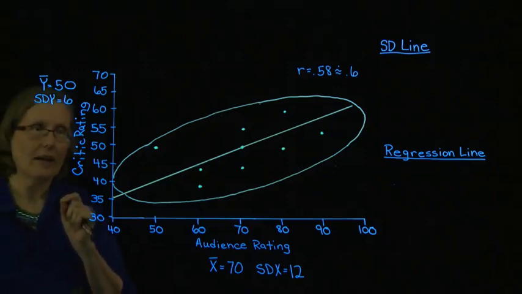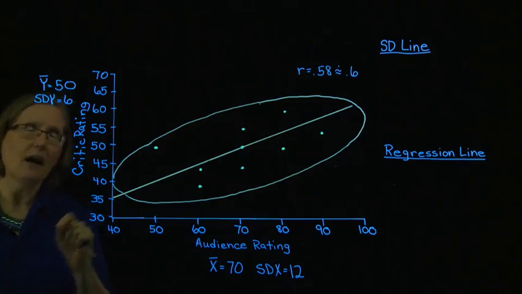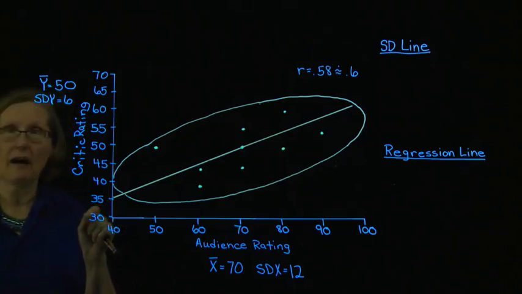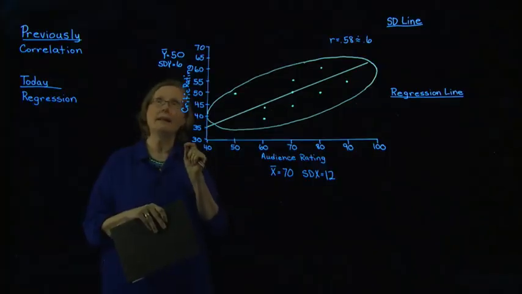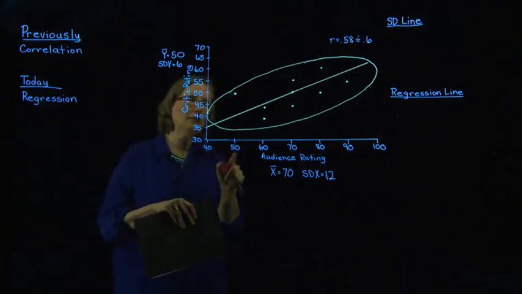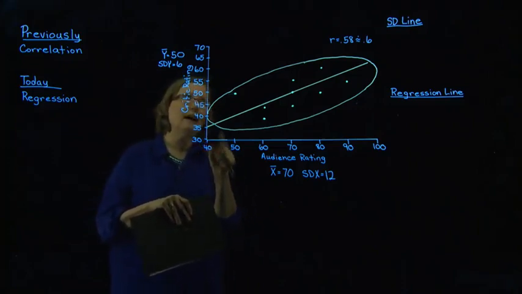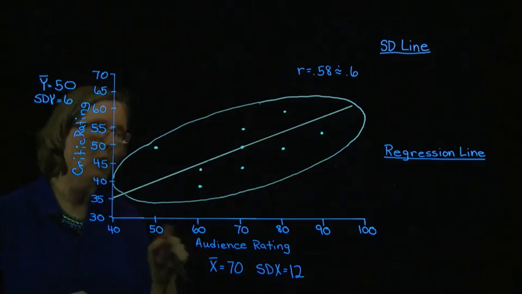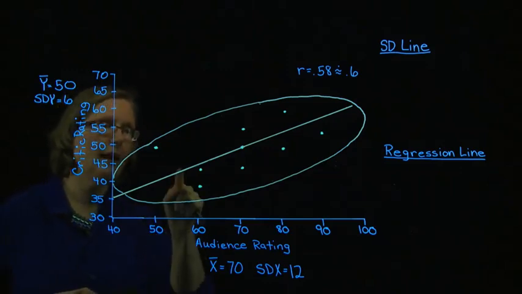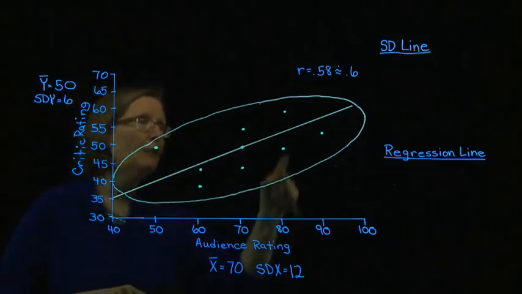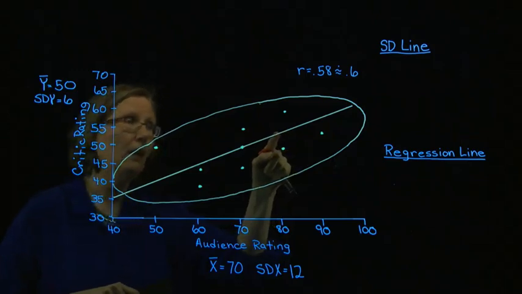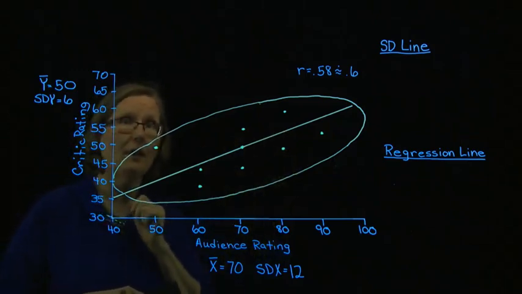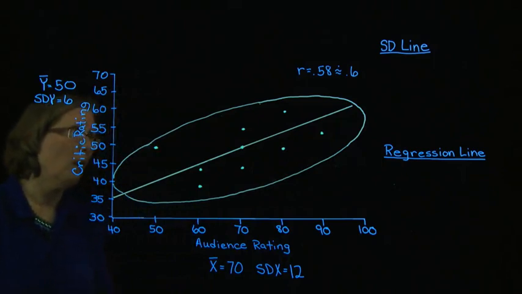Recall that the correlation coefficient was a measure of fit to a line. That particular line is the SD line. The SD line is a line that matches up the standardized values of x and y. So if we're one standard deviation below the mean on x, we're one standard deviation below the mean on y. If we're one standard deviation above the mean on x, we're one standard deviation above the mean on y.